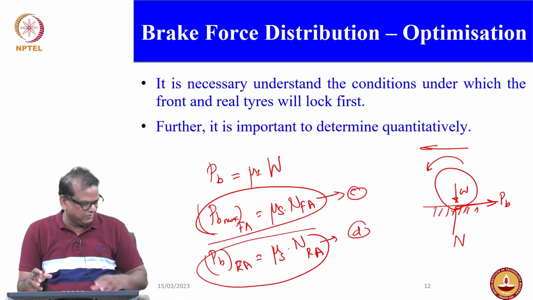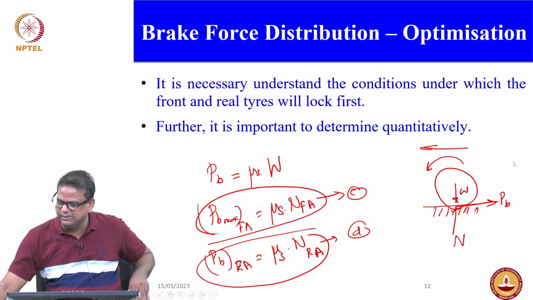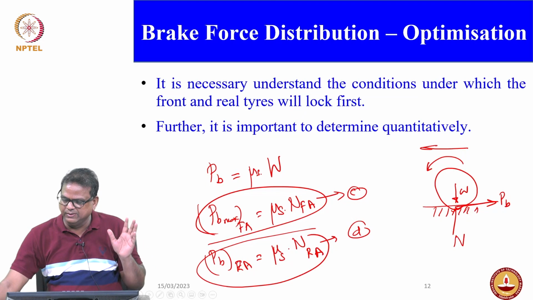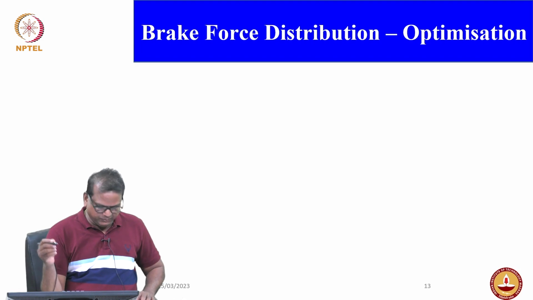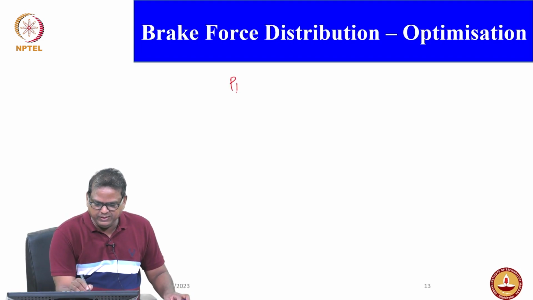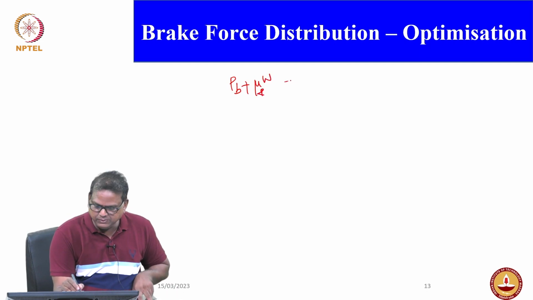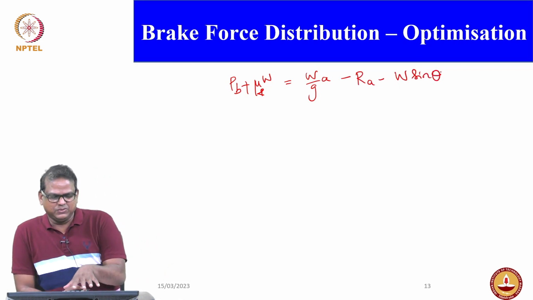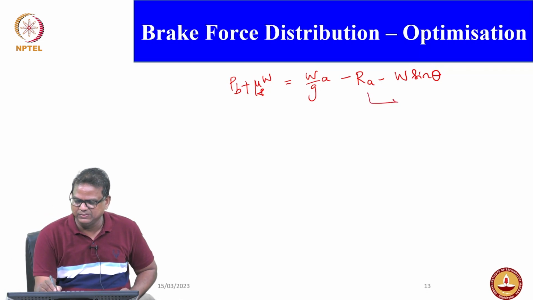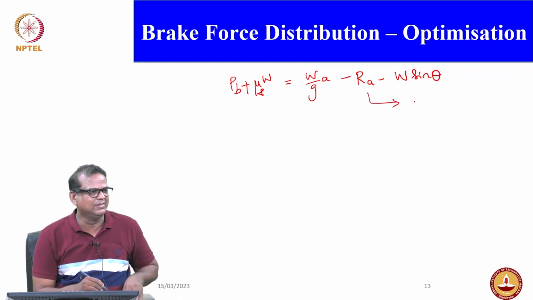Then we'll solve it and find out what exactly happens when the front axle locks first, or the rear axle locks first. Our general equation, which we already derived, is PB = mu W R equal to W G A minus R A W sin theta. Here this is your rolling resistance or aerodynamic resistance.